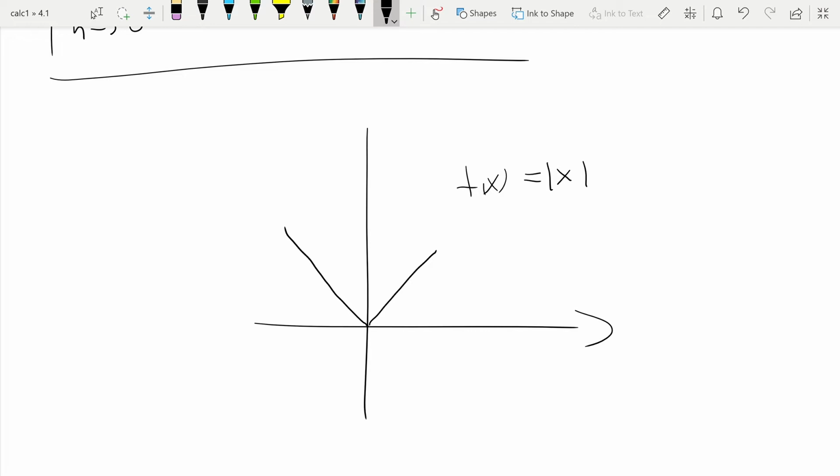If you try to use, say, this line over here, let me use a color. This line over here is not a good approximation. For points arbitrarily close to 0, it is not providing a good approximation. It's a better approximation on this side.